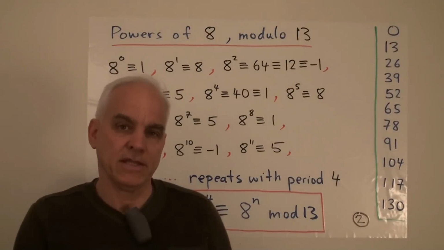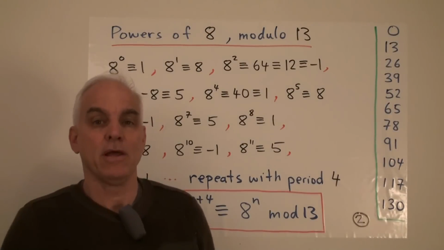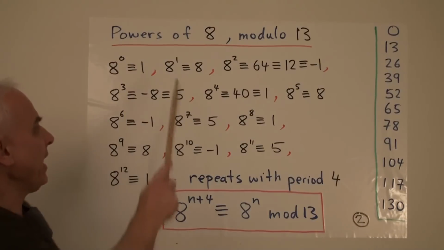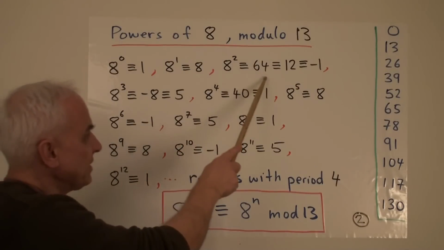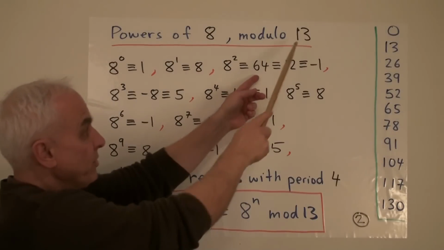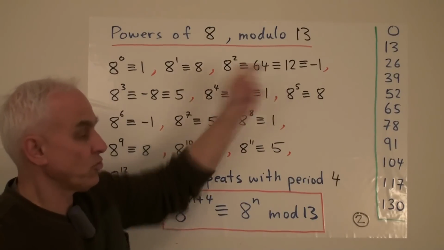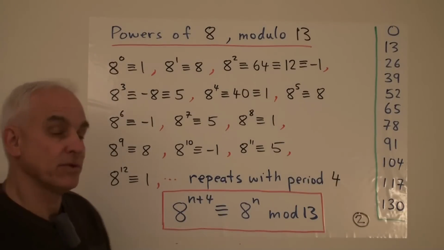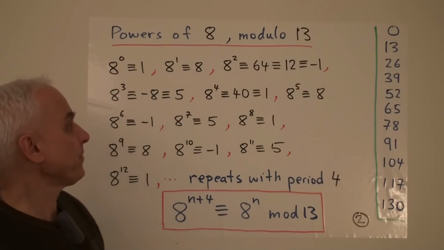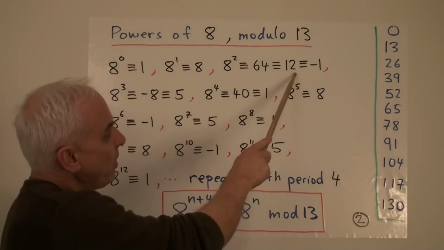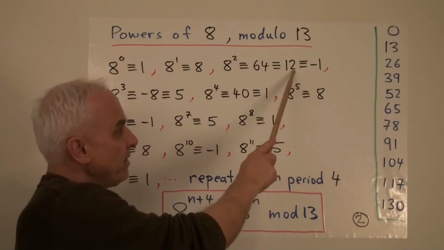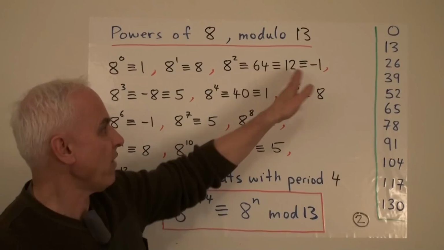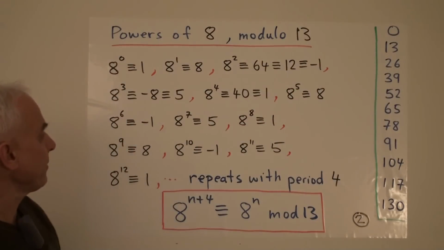So let's have a look at these powers of 8, for example, mod 13. 8^0 is 1, 8^1 is 8, 8 squared is 64, but modulo 13, 64 is the same as 12, because we can subtract 4 times 13, which is 52. Now I just note that 12 is really the same as minus 1. These two numbers differ by 13, so sometimes it's more convenient to think of 12 as being minus 1.